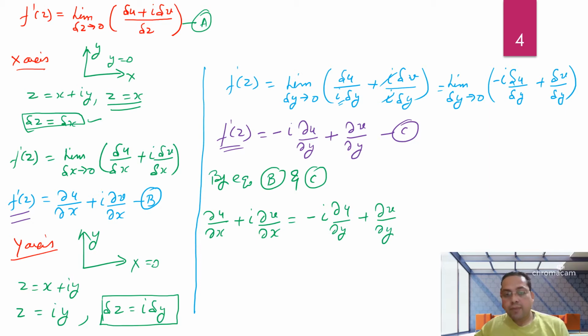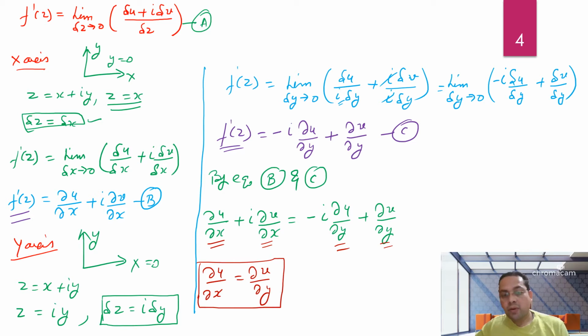So comparing the real part with the real part and the imaginary part with the imaginary part, the real part gives del u by del x is equal to del v by del y, and for the imaginary part we have del v over del x is equal to minus del u over del y.